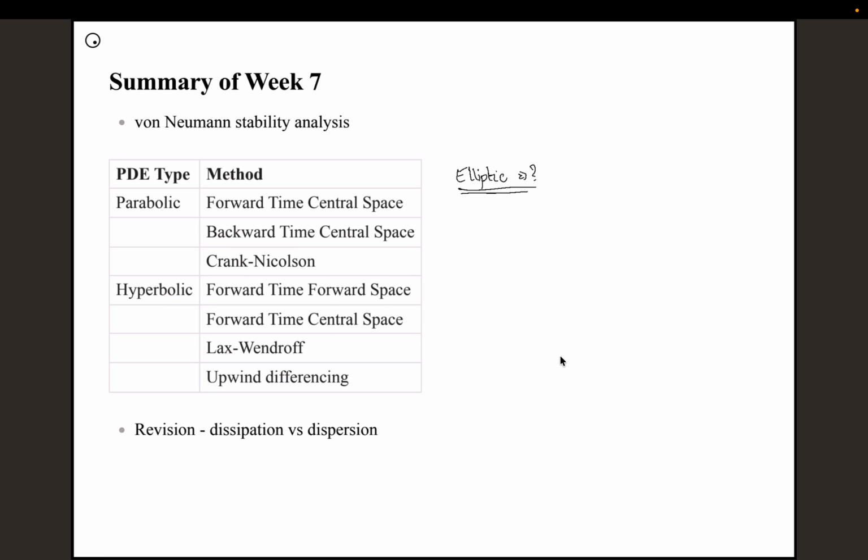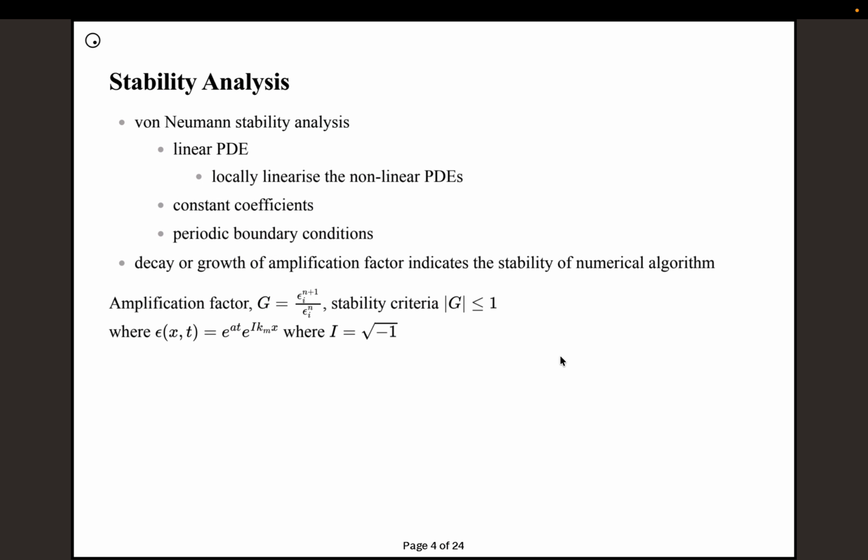How does error either increase or decrease? This particular analysis is applicable only for linear PDEs. So whenever we have a nonlinear PDE, all we have to do is locally linearize it. When I say locally linearize, what I mean is, let's say you have a function f of x. In order to locally linearize it, we will expand this around a given point.